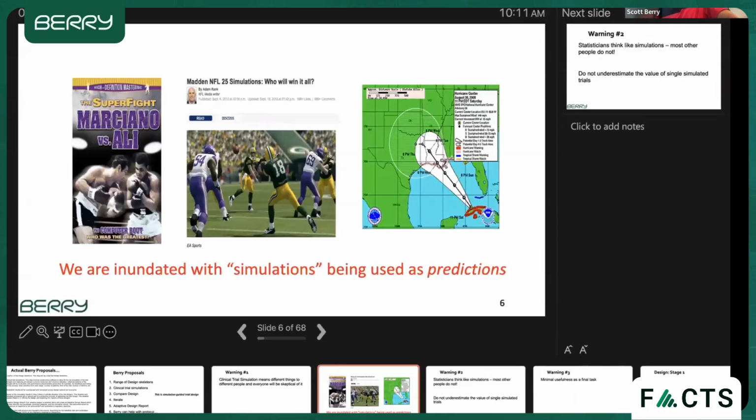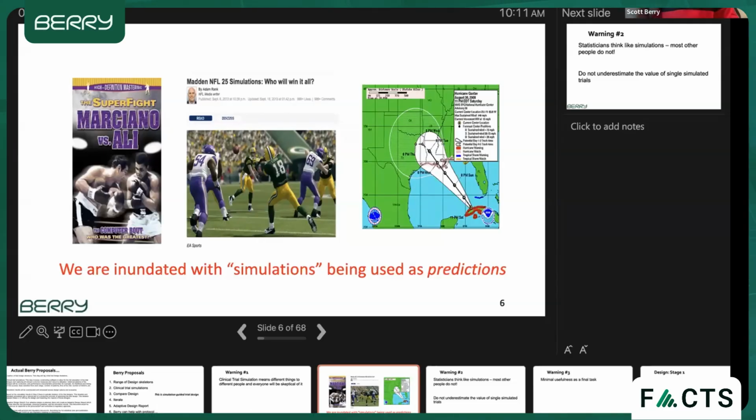They're forecasting things. So people see this and think, oh, it's a computer prediction of things. Now, you can use clinical trial simulations to predict a trial, but that's not simulation guided trial design, where it's being used as this complex tool to compare things apples to apples.